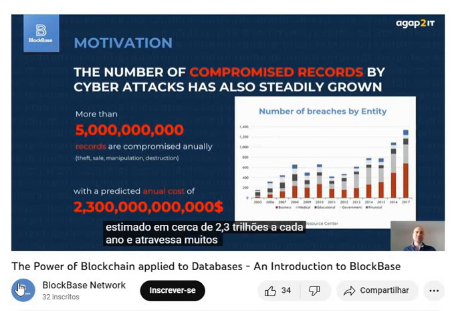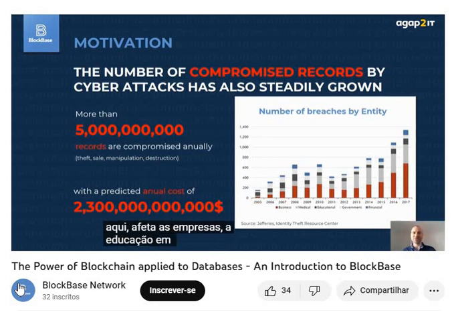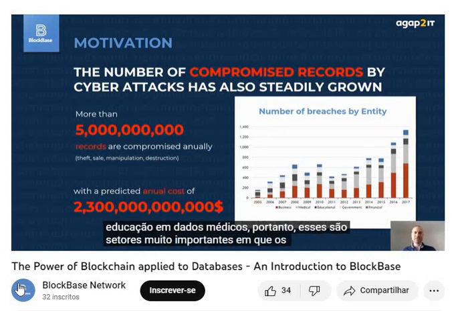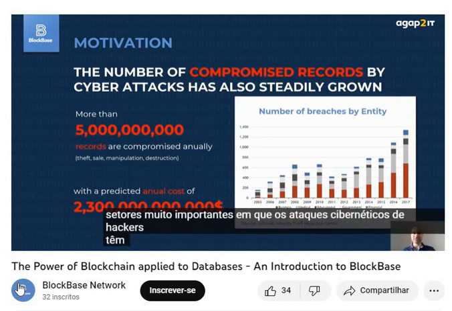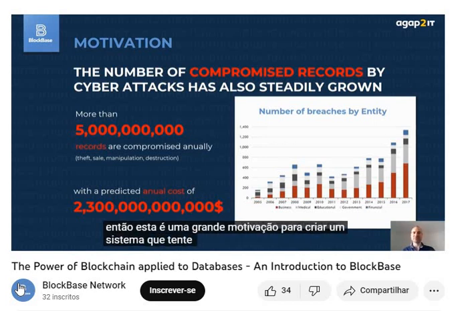It traverses a lot of different sectors, but mostly, as you can see in this chart, it affects businesses, medical data and education. These are very important sectors where cyber attacks have a big impact on the data being stored there. So this is a big motivation to create a system that tries to solve these types of problems, okay?